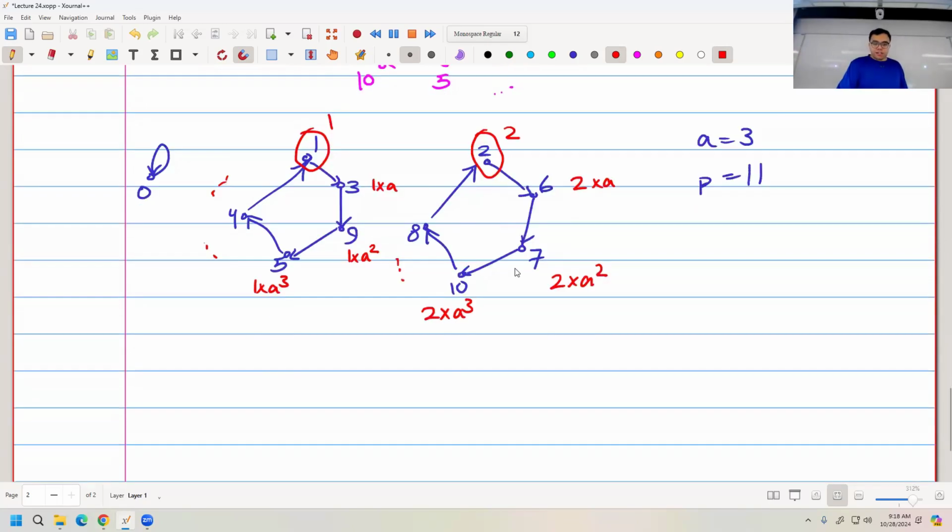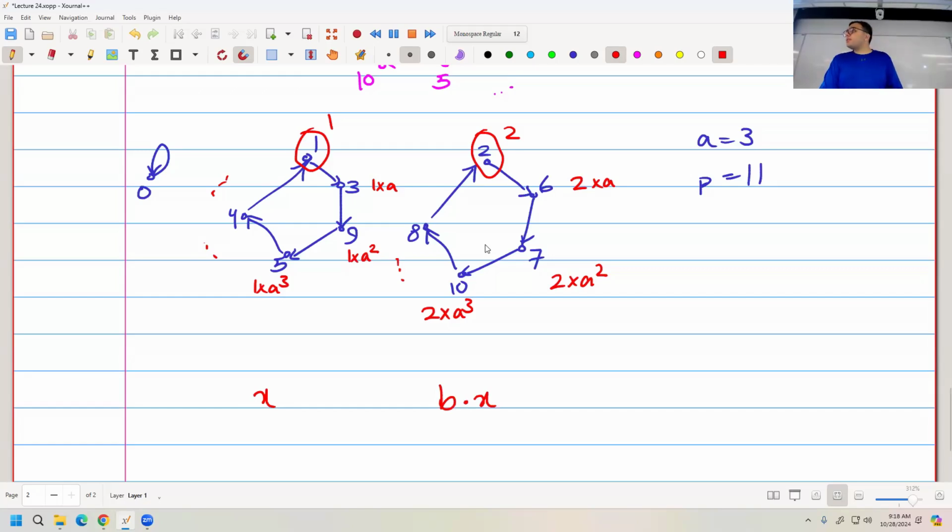Right? And in general, if my first cycle always starts with 1, let's say the second cycle starts with some number b. Whenever I have some x in the first cycle, I always have b times x in the second cycle. Does this mean the cycles are the same size?